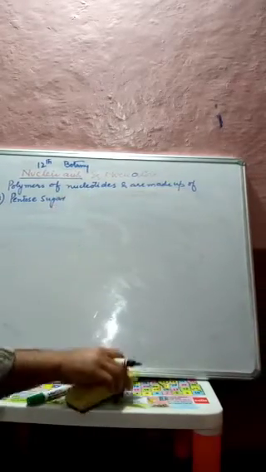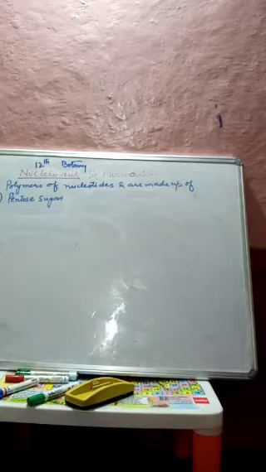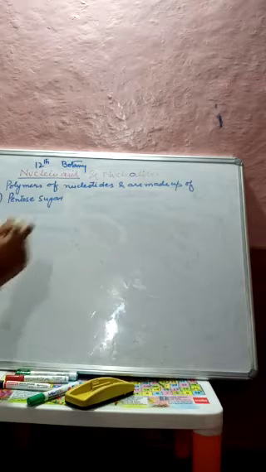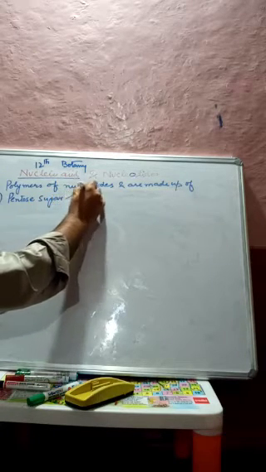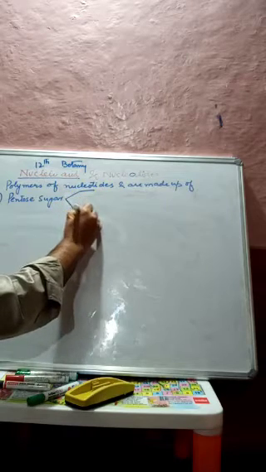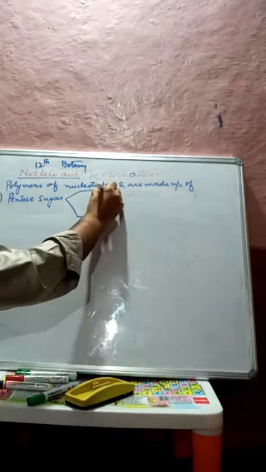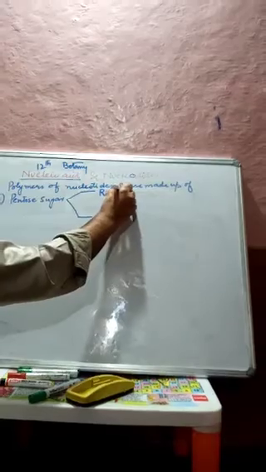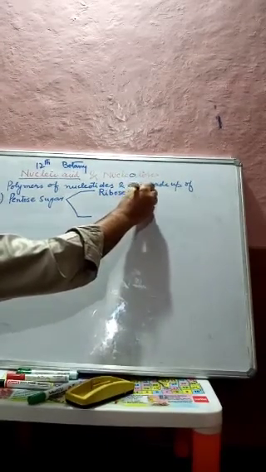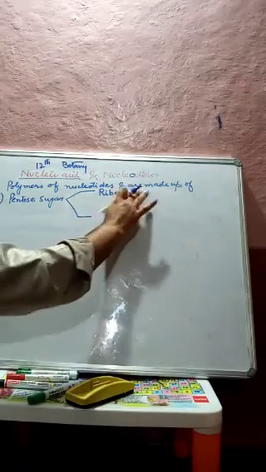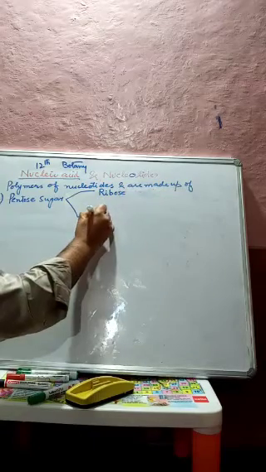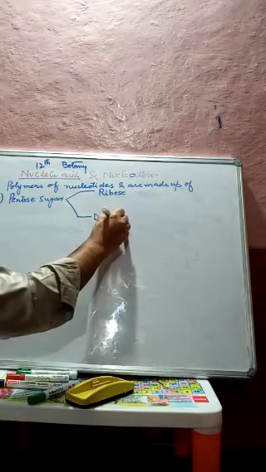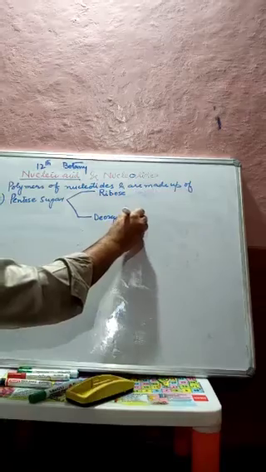It can be divided into two parts. One is called ribose and another one is called deoxyribose.